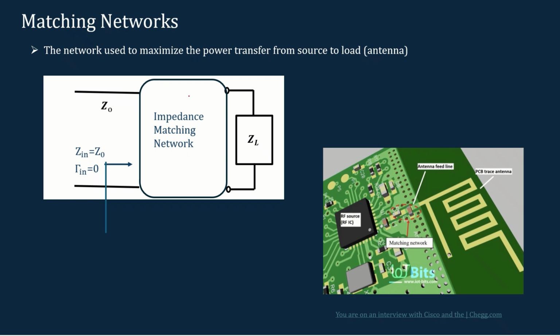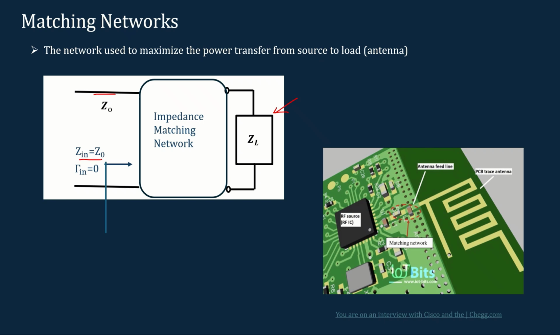In that case, we can use an impedance matching network between the transmission line and the load. Because of this impedance matching network, the total input impedance of the load, that is our antenna, and the impedance matching network will become equal to the characteristic impedance of the transmission line.